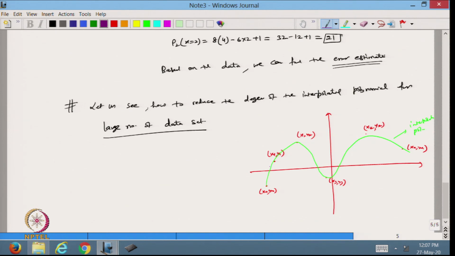Suppose I want to approximate these with a linear interpolation. I approximate this by this linear function, then this by this linear function, and this by this linear function.